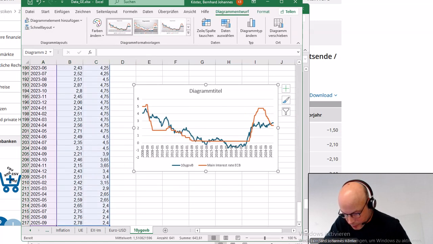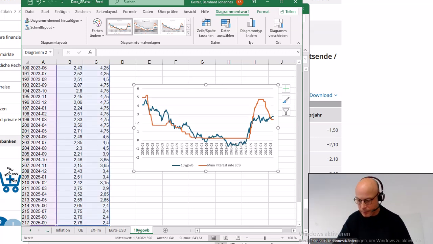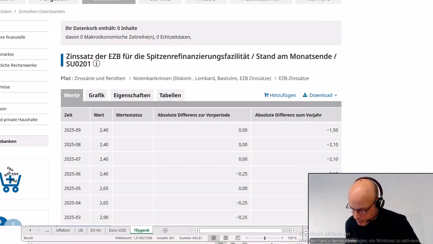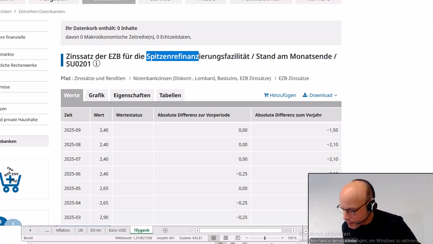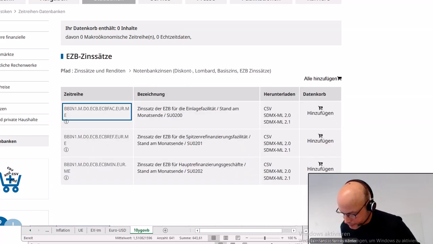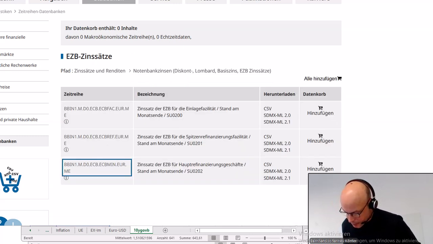Here we have now both. Oh, this is again the wrong one. I have downloaded again the wrong one, sorry. This one is the right one.